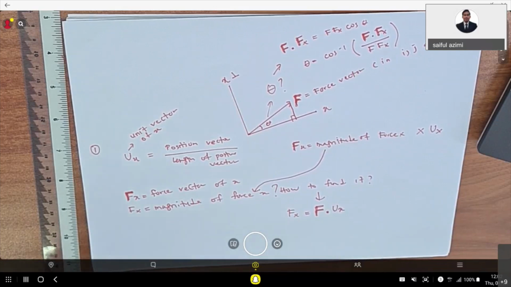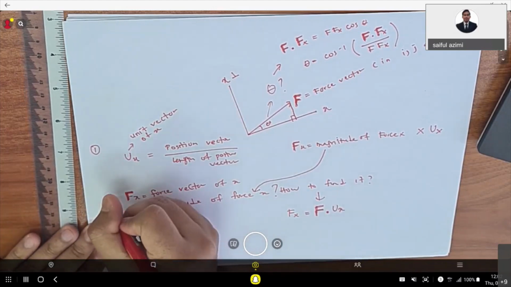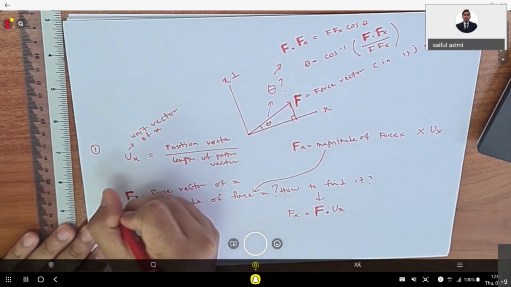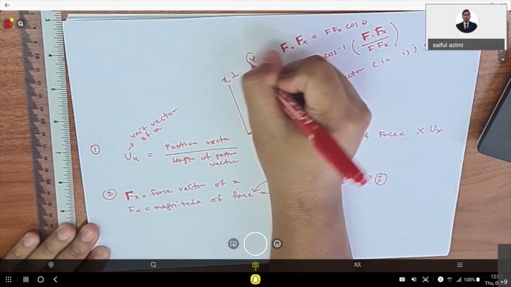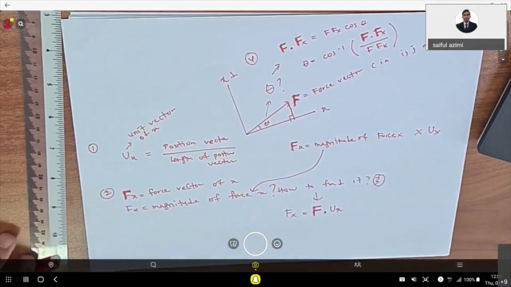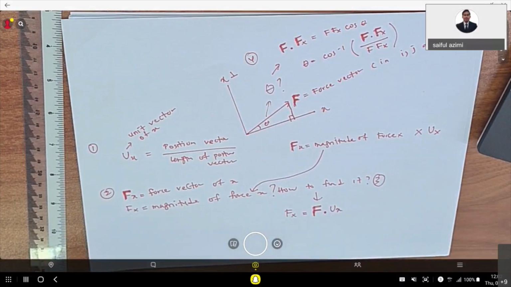So this is number 1, number 2, number 3, number 4. This is all of the things that you need to know in dot product, in order for you to solve the questions later on.